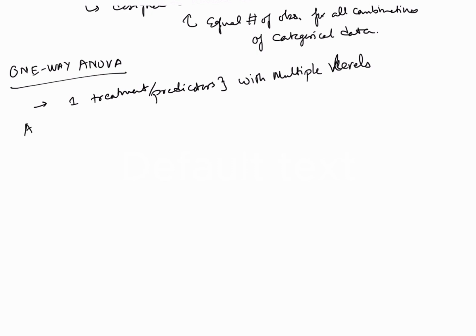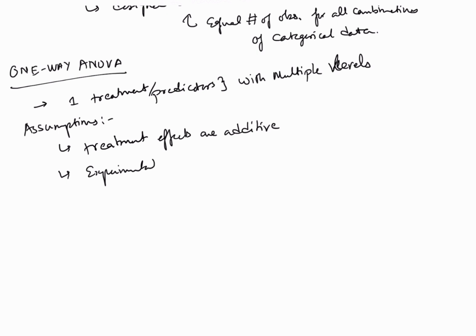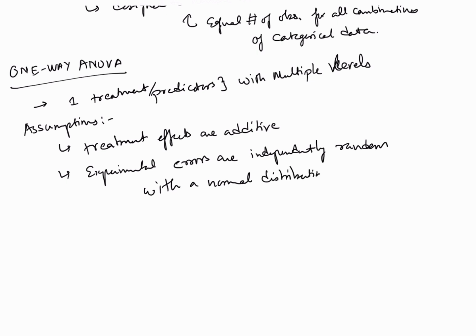The assumptions that we make in ANOVA analysis are that the treatment effects are additive, the experimental errors are independently random, with a normal distribution, N(0, sigma squared).